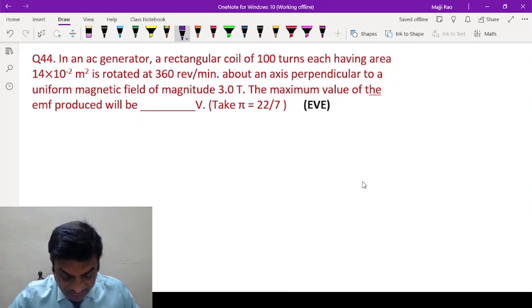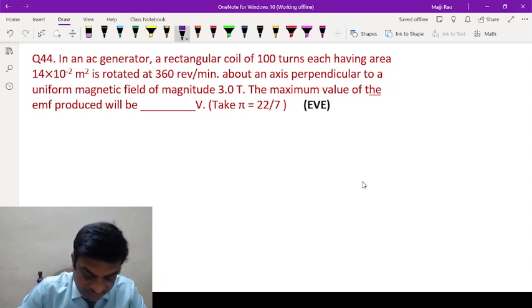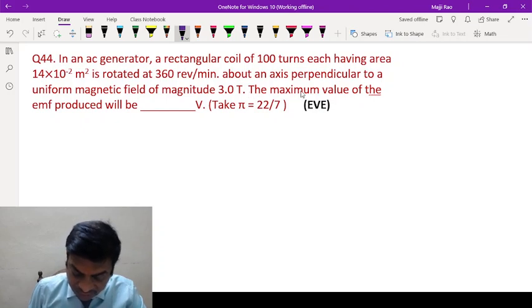In an AC generator, a rectangular coil of 100 turns, each having this much area, is rotated at 360 revolutions per minute about an axis perpendicular to a uniform magnetic field. So the diagram will be something like this.